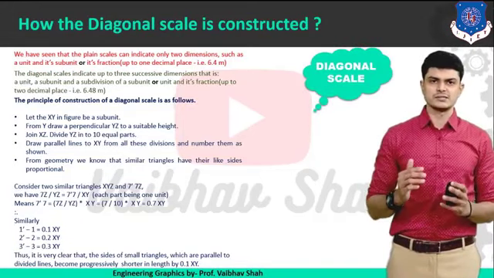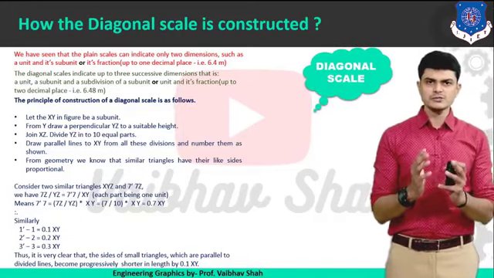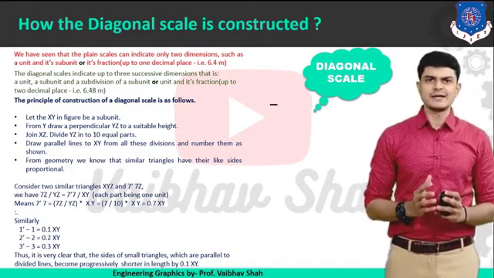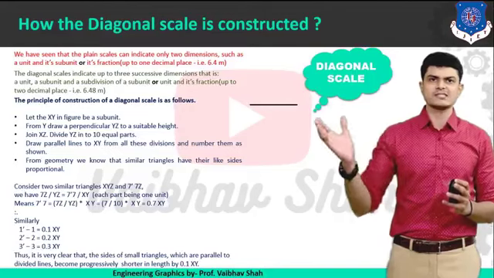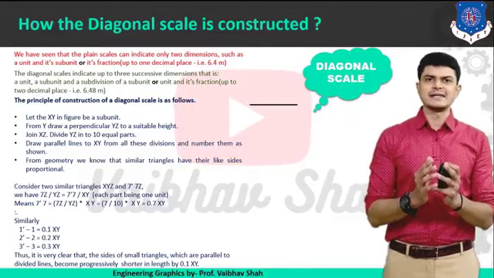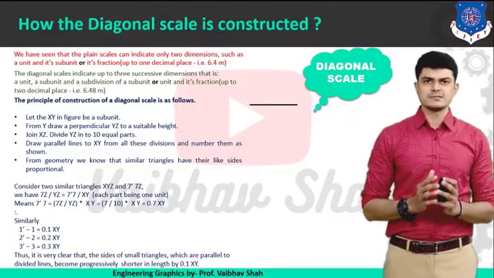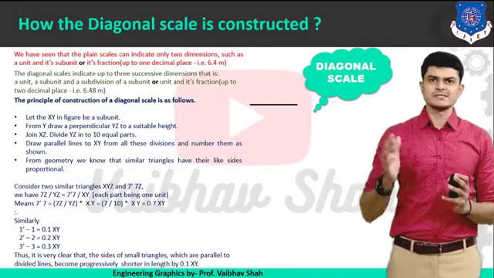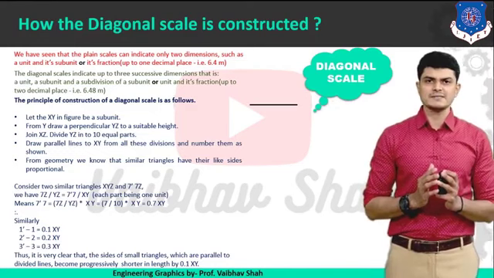So how to construct this diagonal scale now? Let us suppose we are taking one subunit xy, and we will divide this line into 10 equal parts. I ask you, is it possible to divide this small line into 10 equal parts?